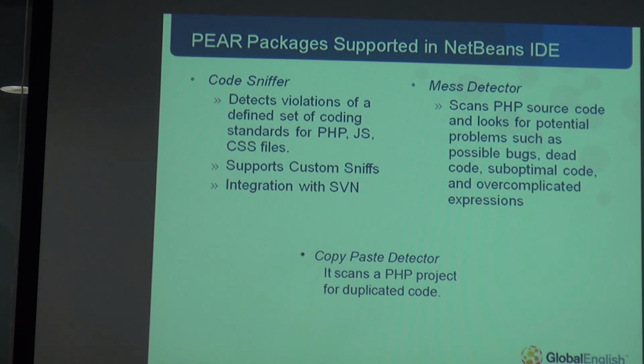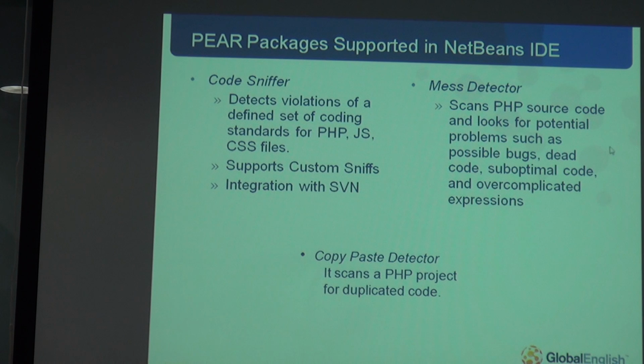By default, sniffs are available like the PEAR standard, even the PSR-2 standard, and there is the Zend standard. If you are going to define a standard, we can create a custom sniff and install it in our code base, so it will check our code for violations.